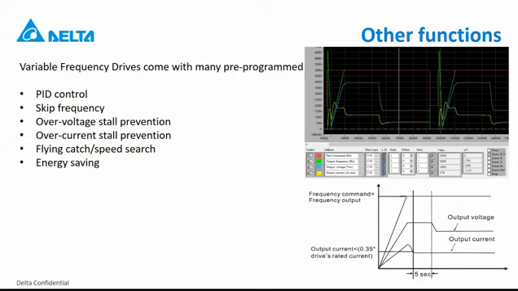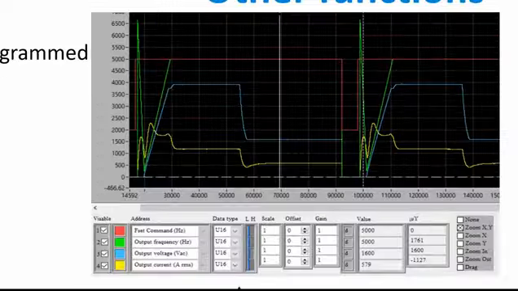You can see that if the drive is running constantly at some particular speed, and the demand is actually low, so if the load on the motor is quite low, the drive can keep the speed at which the application needs to run, and it can automatically lower the output voltage, and this will proportionally lower the output current as well, thus helping save on energy.